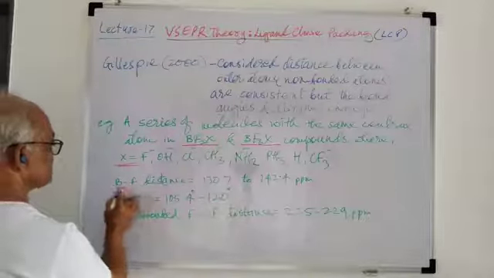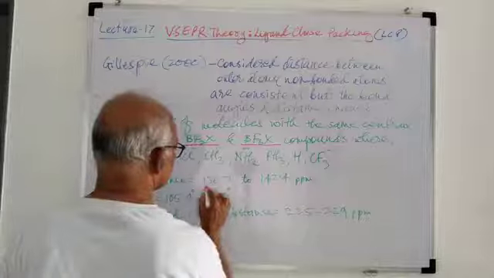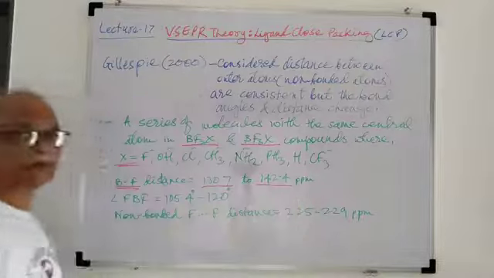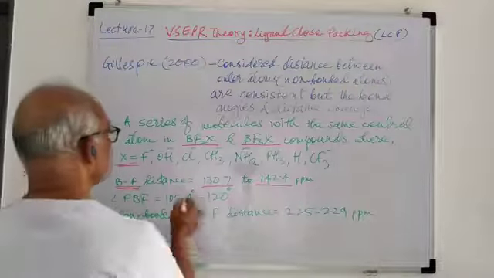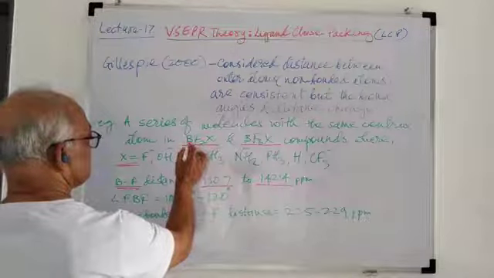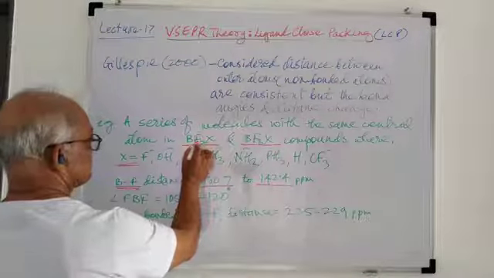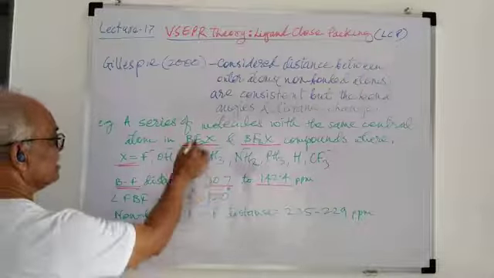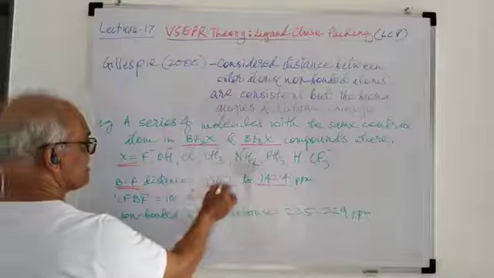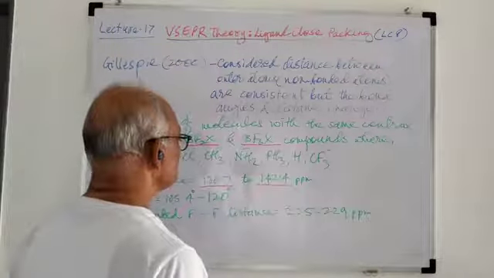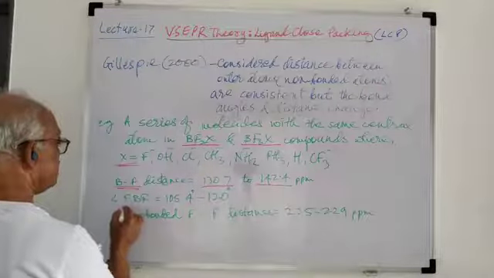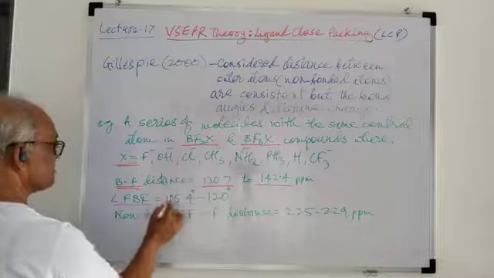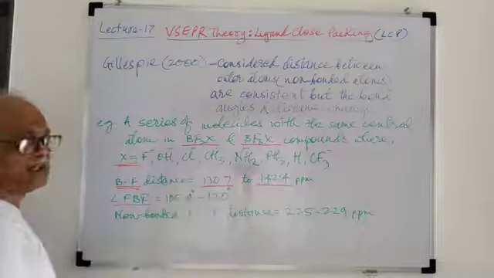the BF distance ranges between 130.7 to 140.4 ppm. Here boron is bonding to F atoms. So the BF bonds are 130.7 to 142.4, and the FBF angle is 105.4 to 120.